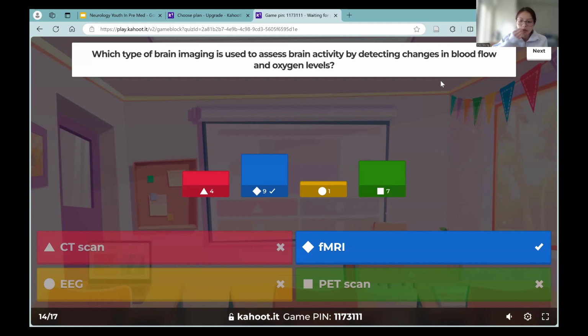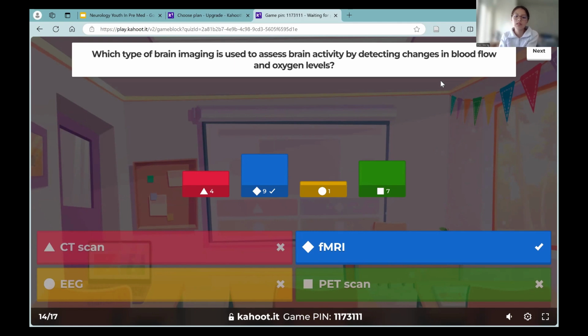So basically, brain imaging serves two functions. One is to tell you the structure of the brain, and you have a CT and MRI to do that. Then there's an imaging technique for the functional part, and that's the EEG.